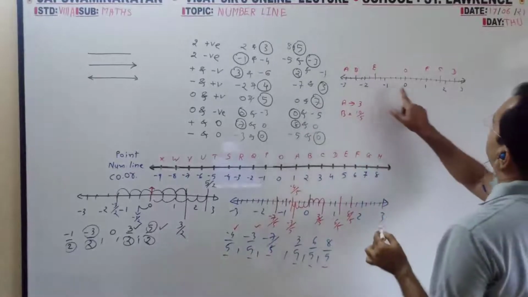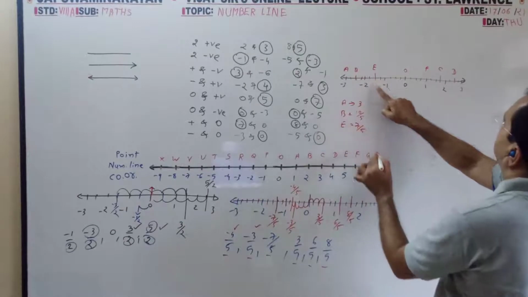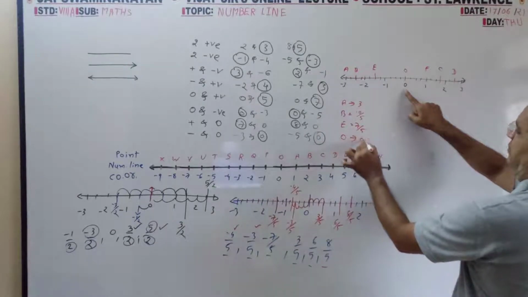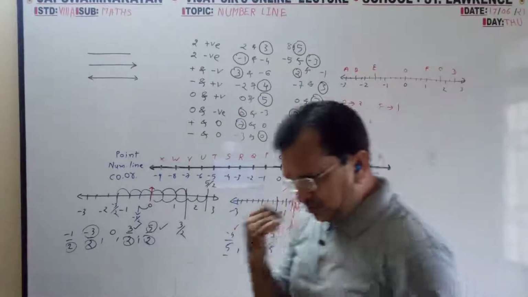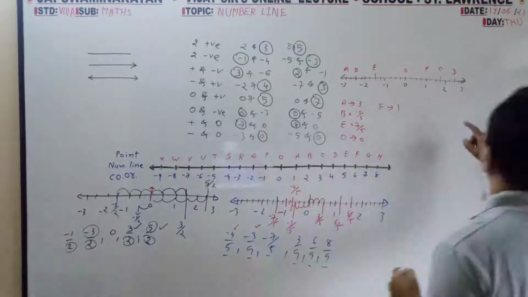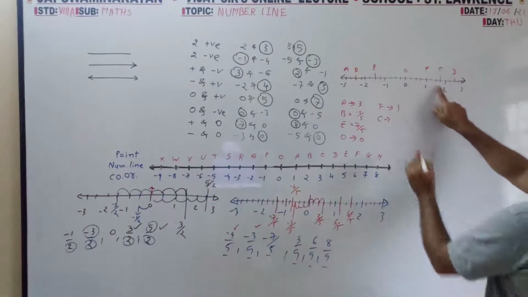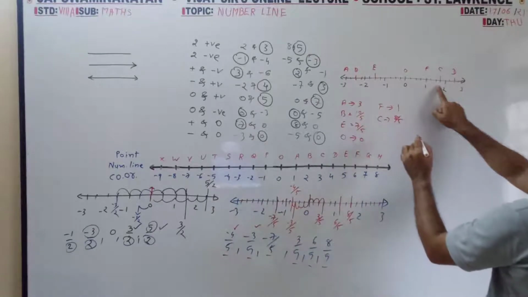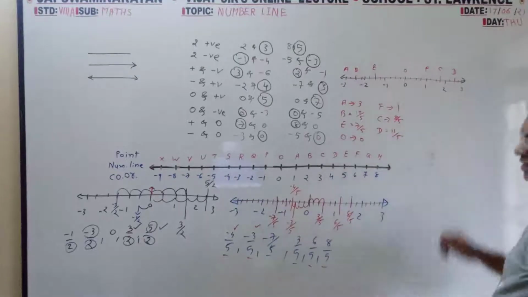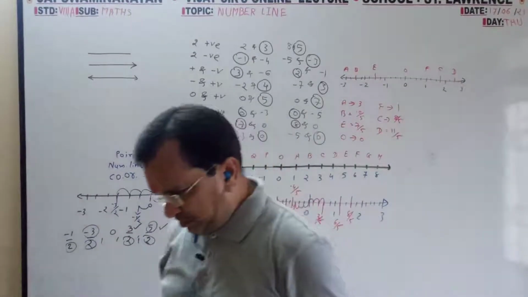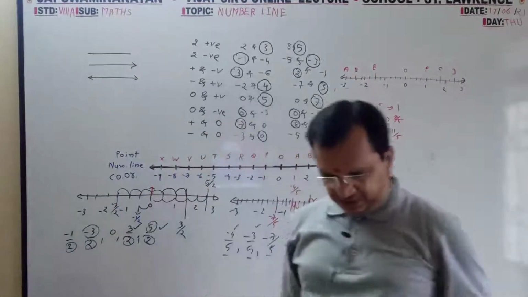E means 5, 6, 7. 0, F represent 1, C 5, 6, 7, 8, 9, 10, 11. Correct?